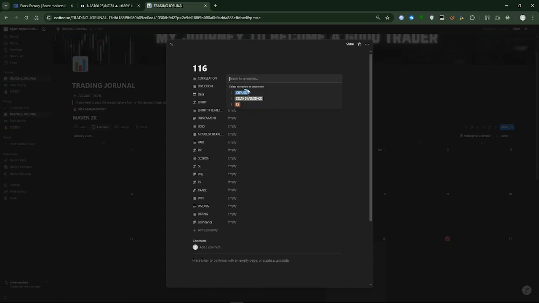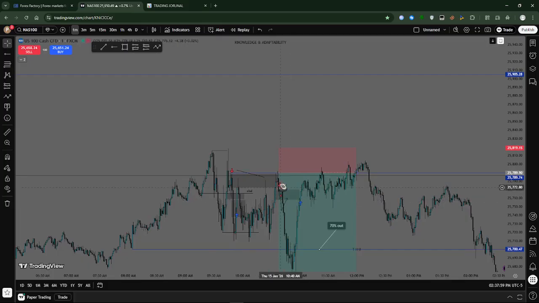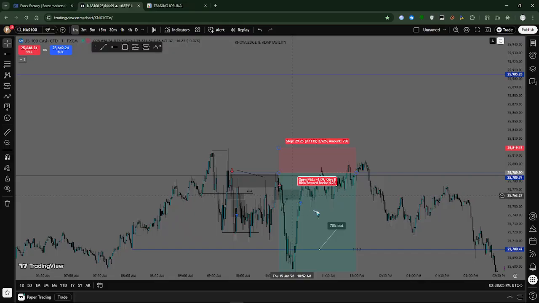Same thing, ES. Direction was a sell. Date was the same. The second one's entry is around half of this week, around this level.